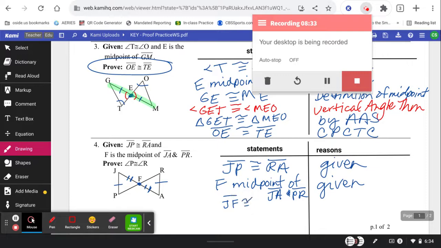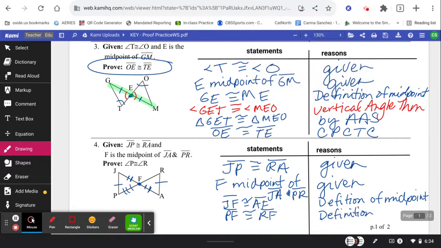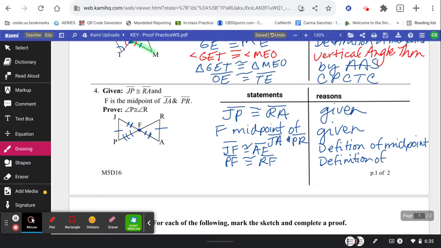JF is congruent to AF, definition of midpoint. And PF is congruent to RF, definition of midpoint. When we say there's a midpoint, you know that there's two equal segments on either side.